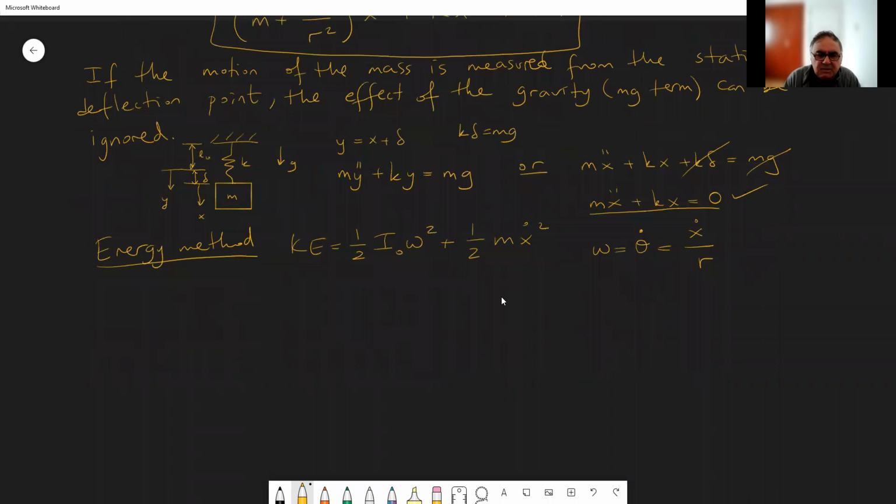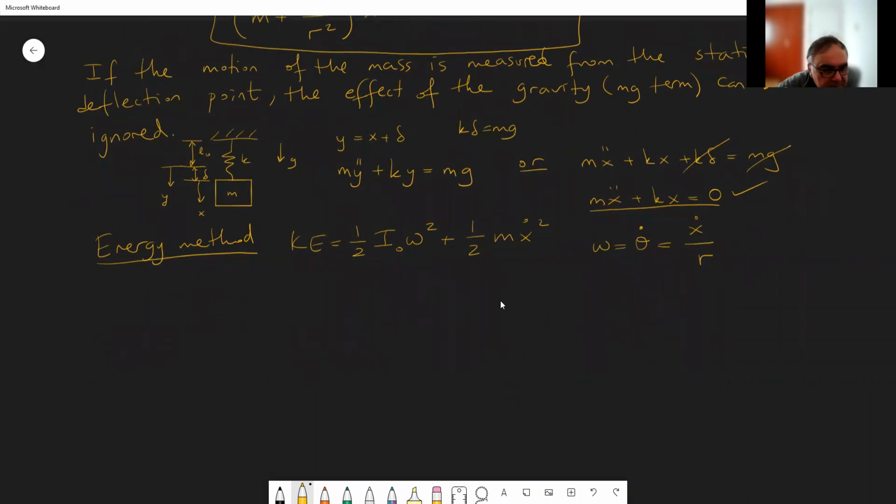The potential energy is easier. Since we have absorbed the effect of gravity, we just have the elastic potential energy, 1/2 kx squared. We are using the x coordinate, so we don't need the mgh term here.